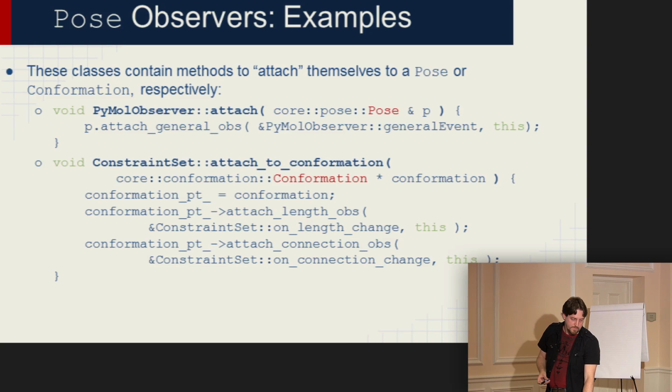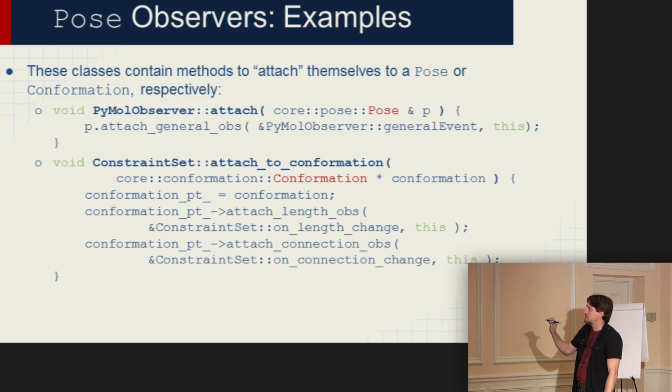How does this work? Both of these classes contain special methods to attach themselves to a pose or a conformation, respectively. For example, the Primal observer has an attach method, and you give it a pose. I'm going to attach myself to this pose, essentially, is what this is saying. So here's my reference to the pose. The pose then has a method inside of it called attach general observer.